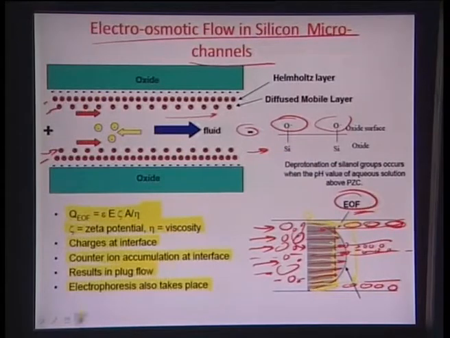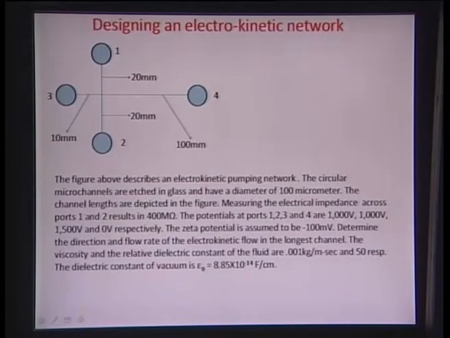But let us look at one illustration here where we can use these electrokinetic techniques for designing micropumps. Okay. So, in this particular problem we want to design an electrokinetic pumping network. Okay. So, using this principle of double layer and formation of charge on the surface and the bulk of the fluid, we would like to design a pump network here.